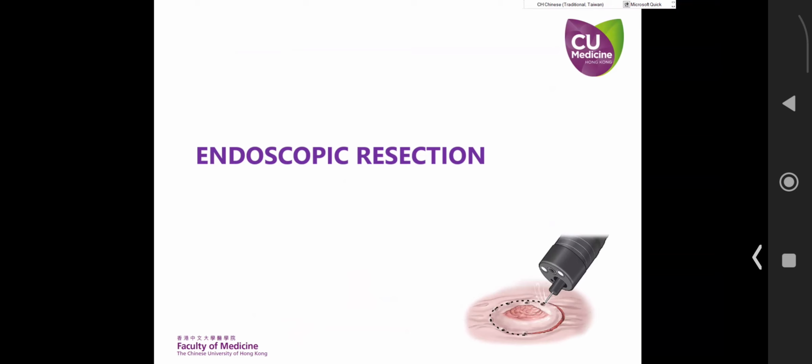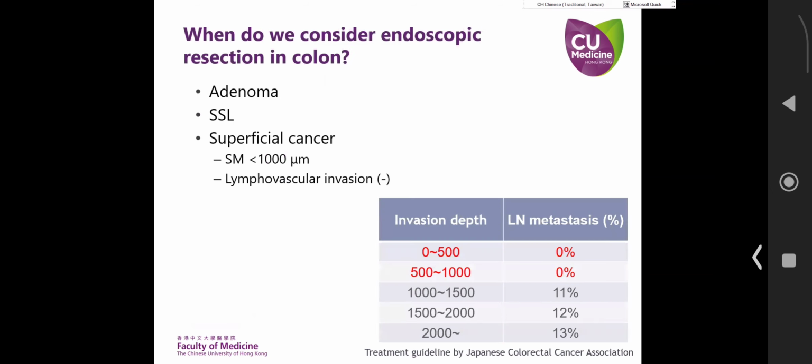After making all this diagnosis, we will then determine how to resect the lesion, because after all, we have so many tools in the colon now. What type of endoscopic resection should we do? But first of all, we need to answer why and when we will do an endoscopic resection.